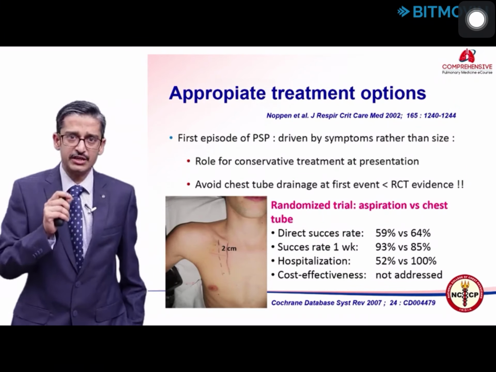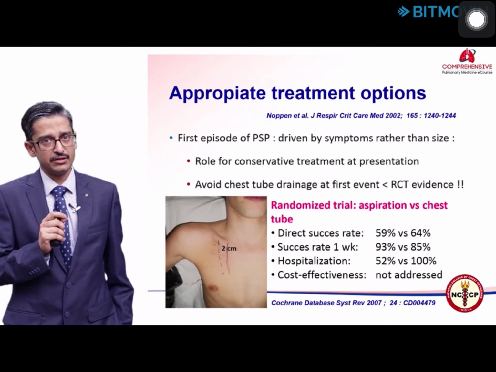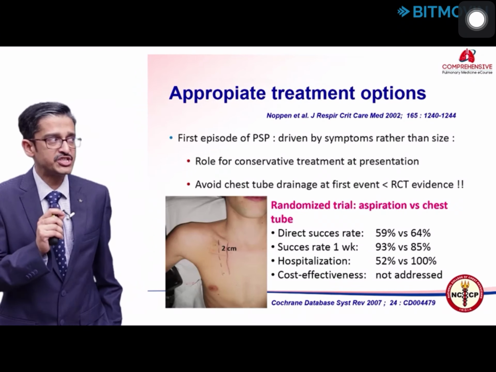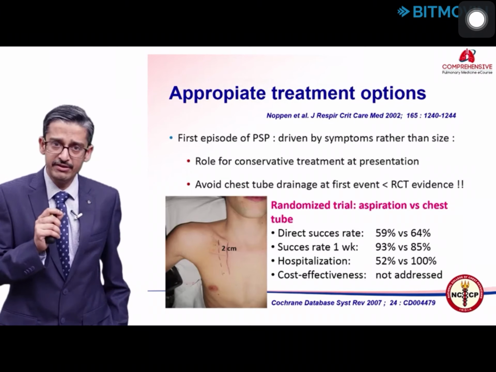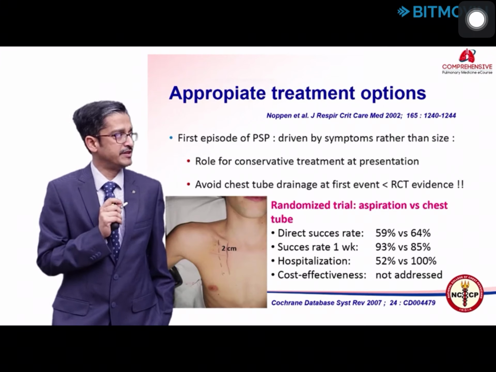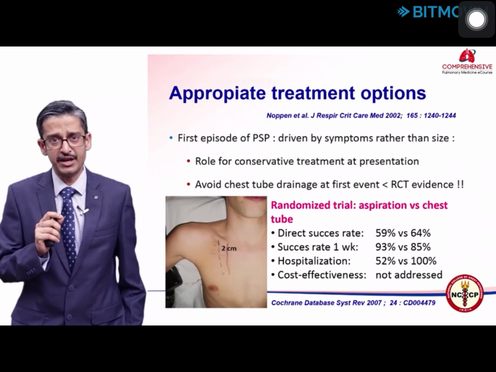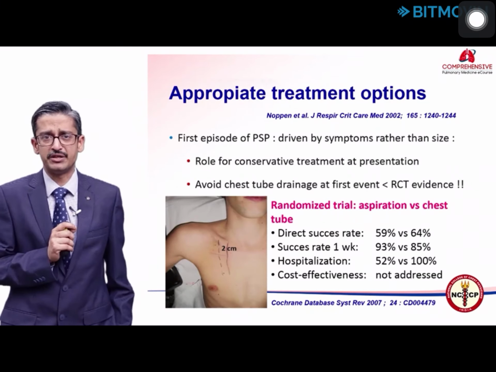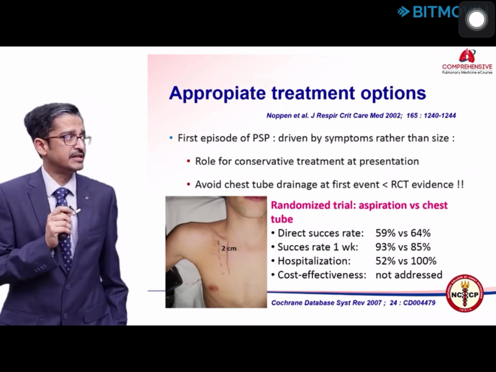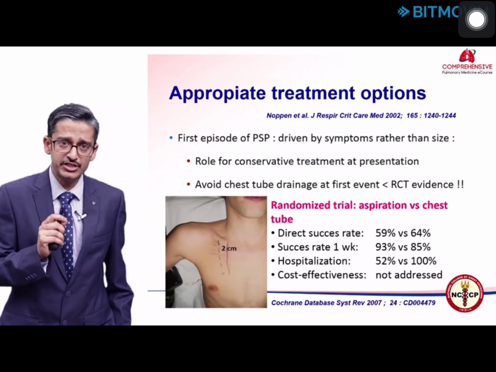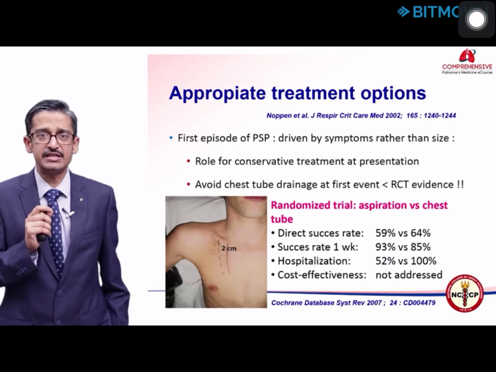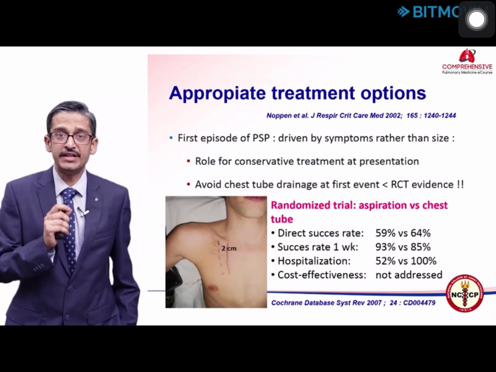So, for the first episode of pneumothorax, the treatment should be based on symptoms rather than the size of the pneumothorax. So, in patients who present for the first time, there is a role of conservative treatment, and there have been randomized controlled trials, and later on in my talk I will show you much of this evidence, where avoiding a chest tube at the first go with a patient who has no underlying lung disease and never had a pneumothorax in the past is actually evidence based.